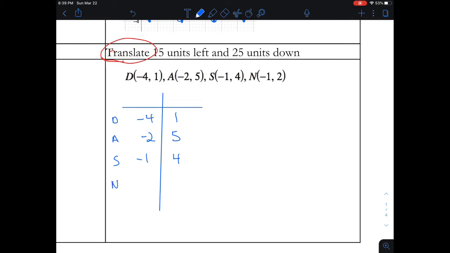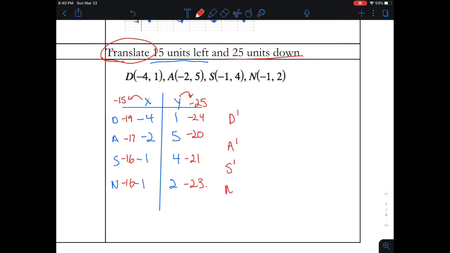So if we had a grid, in order to move these 15 units to the left, what we would be doing is subtracting 15 from all the x values in order to move them left. So let's do that. And if we were to move it 25 units down, we would also be subtracting 25 from the y values. All right, so we have our new translated points.